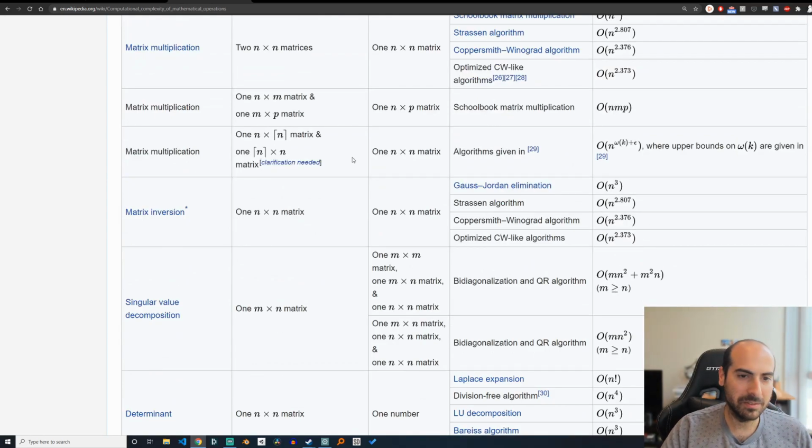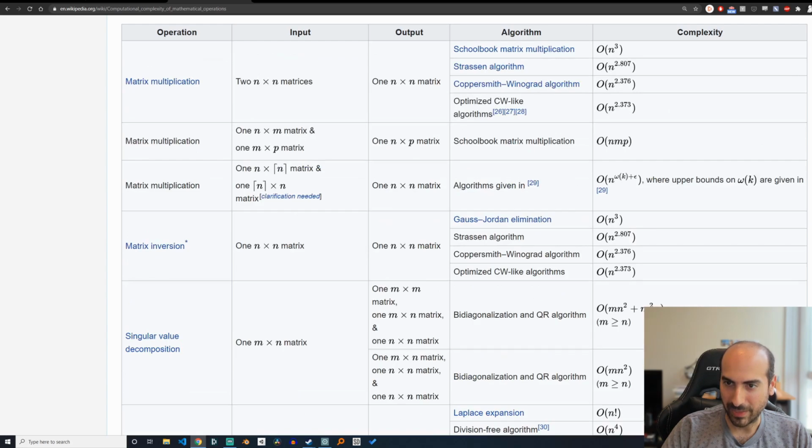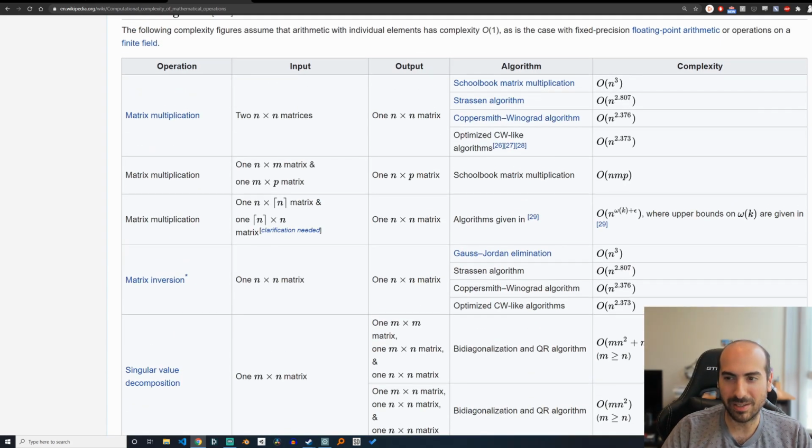You see here, all of these are the classic slow things, like big O of n cubed, matrix inversion. Singular value decomposition is a bit more reasonable. Finding the determinant looks really slow. Basically, anything interesting starts taking cubic time.